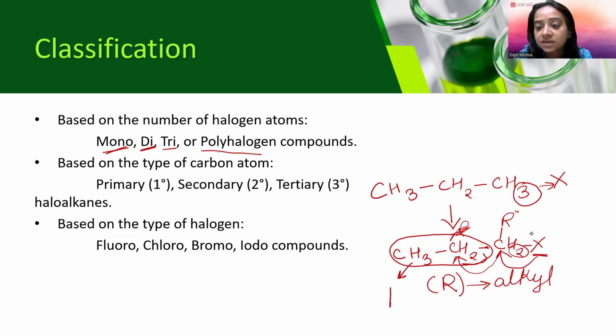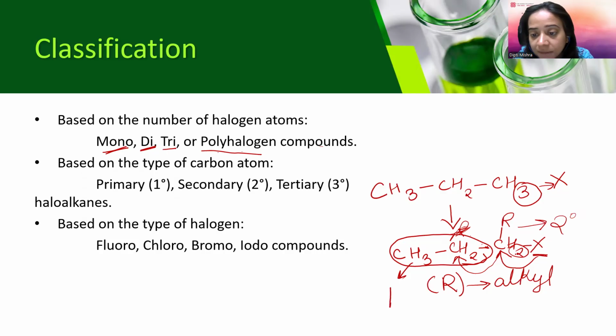Then it is known as a secondary carbon atom. I hope you get it. Again, when this carbon atom is attached to three alkyl groups, then it is known as tertiary. So basically, it depends on the carbon atom to which the halogen is attached, and how many other alkyl groups that carbon atom is attached to. On this basis, it is known as primary, secondary, or tertiary.